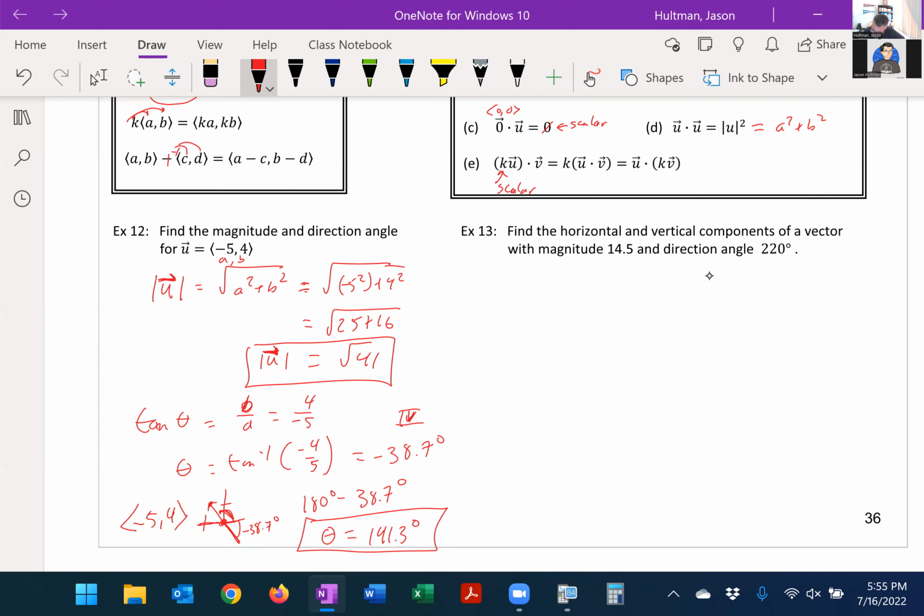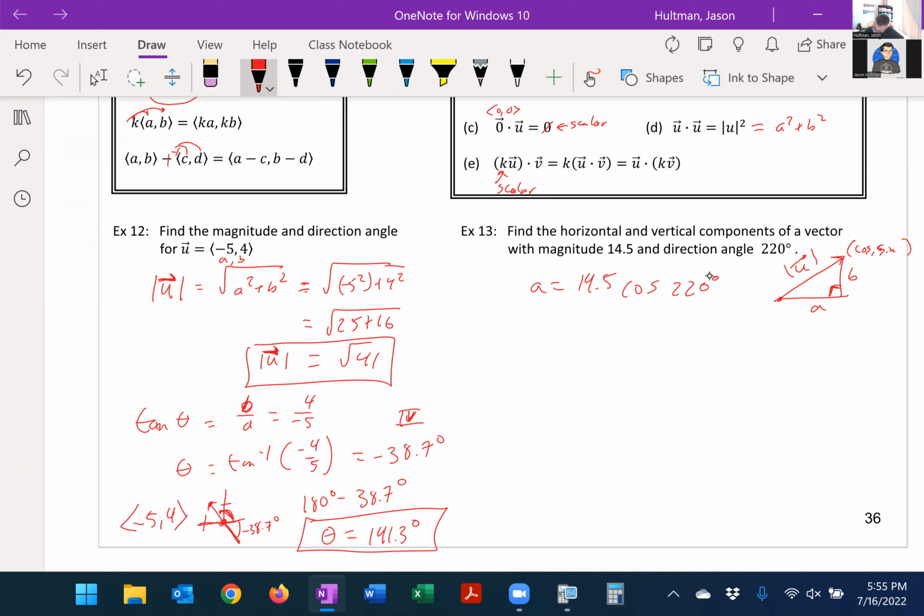Find the horizontal and vertical components of a vector with magnitude 14.5 and a direction angle of 220. So A is equal to 14.5 times the cosine of 220. Remember, A is the horizontal component and B is the vertical component. Think cosine, sine. The magnitude of u is basically c here in my right triangle.